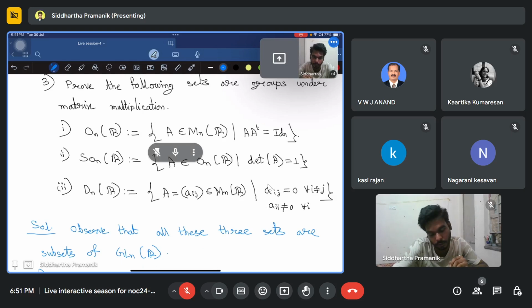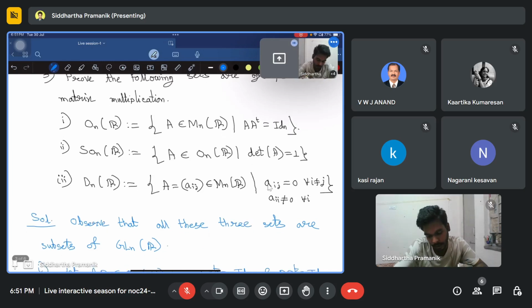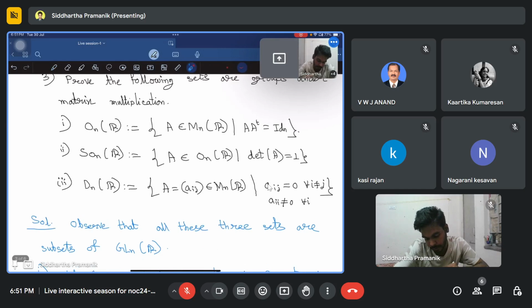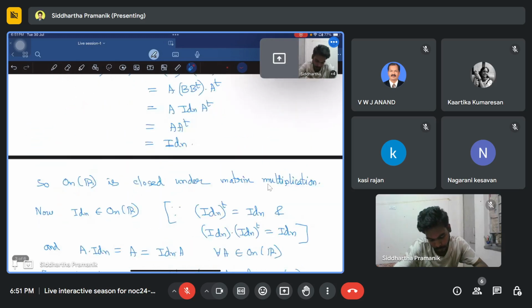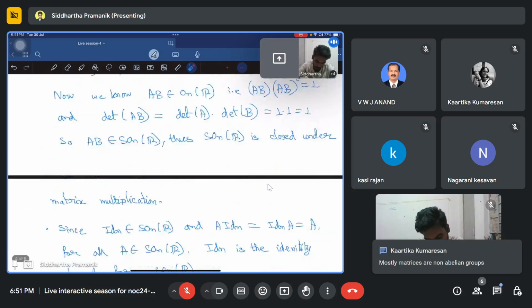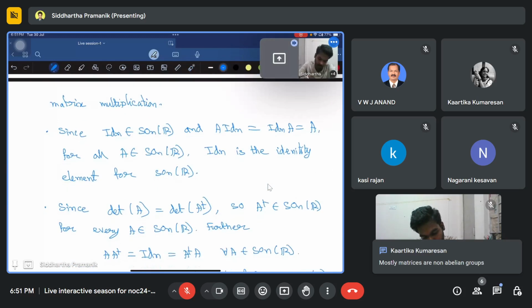Okay. So one task is for you to prove that GLNR is non-abelian, and the first two sets are also non-abelian groups, but the third one is abelian. So I am going to leave that for you. So let me just put that as a remark.